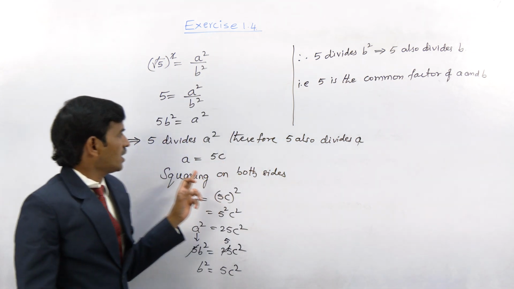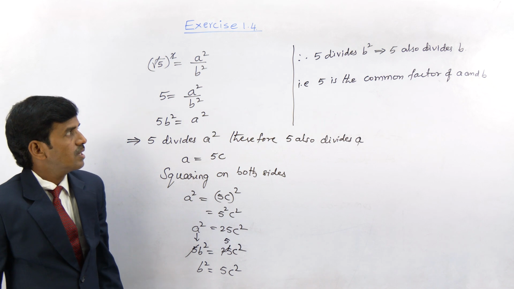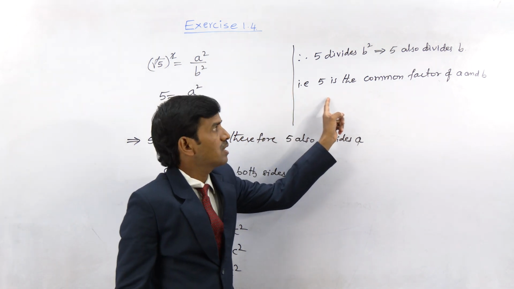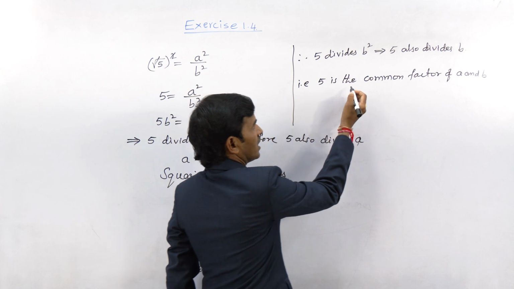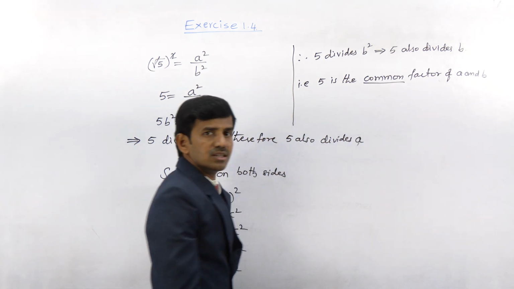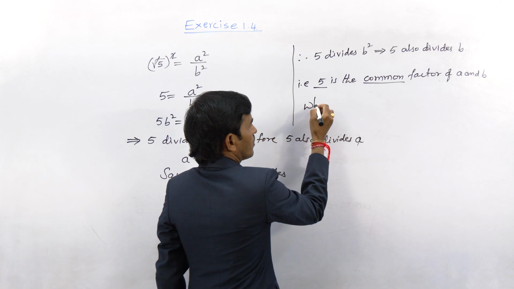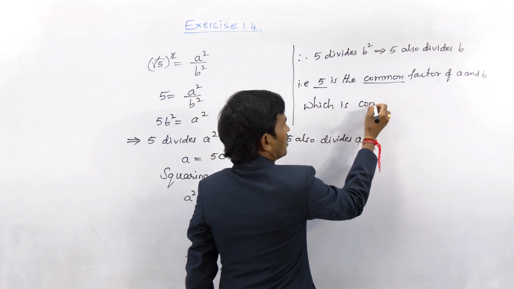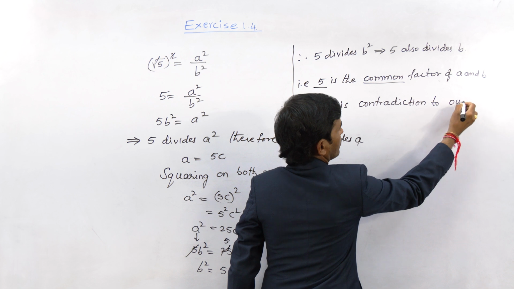But what we wrote, a and b are both co-primes. As they are co-primes, their HCF we must get as 1. But what we got here? Common factor as 5. Hence, which is a contradiction to our assumption.